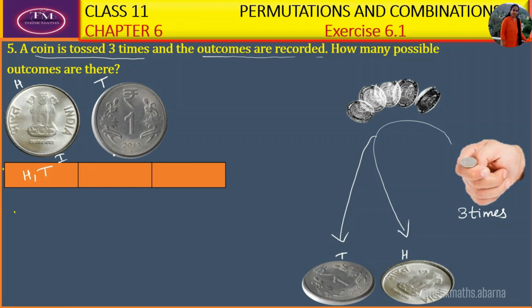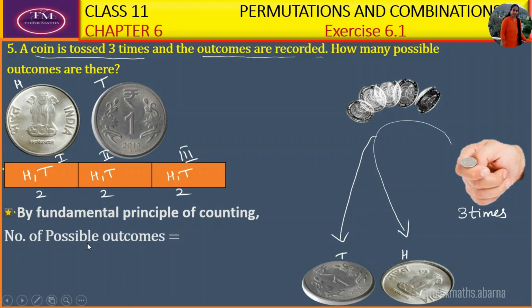Even if you toss the coin for the second time, you have the option of head and tail. Even if you toss for the third time, you have the option of head and tail. So in each tossing, you have two options. Therefore, by the fundamental principle of counting, the number of possible outcomes is 2 into 2 into 2, which is 8.